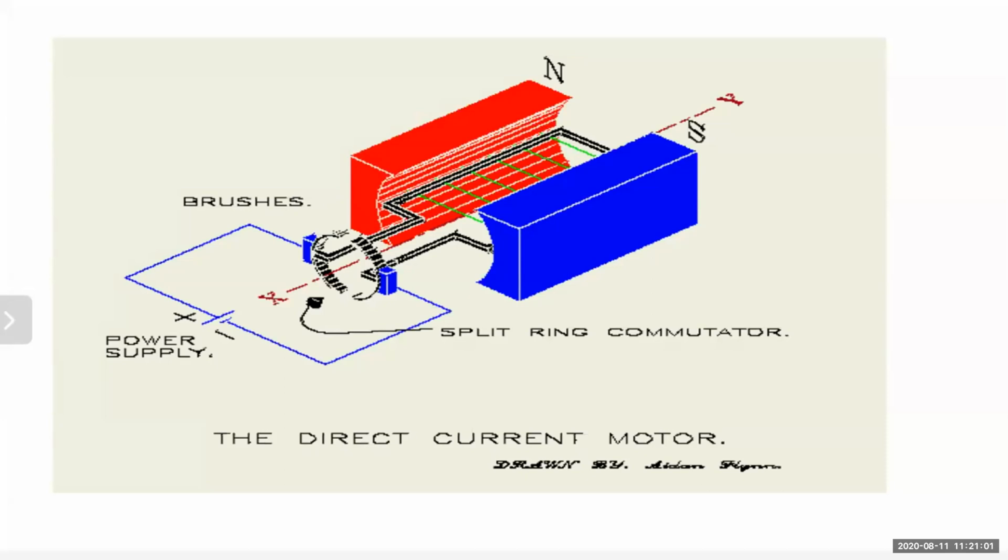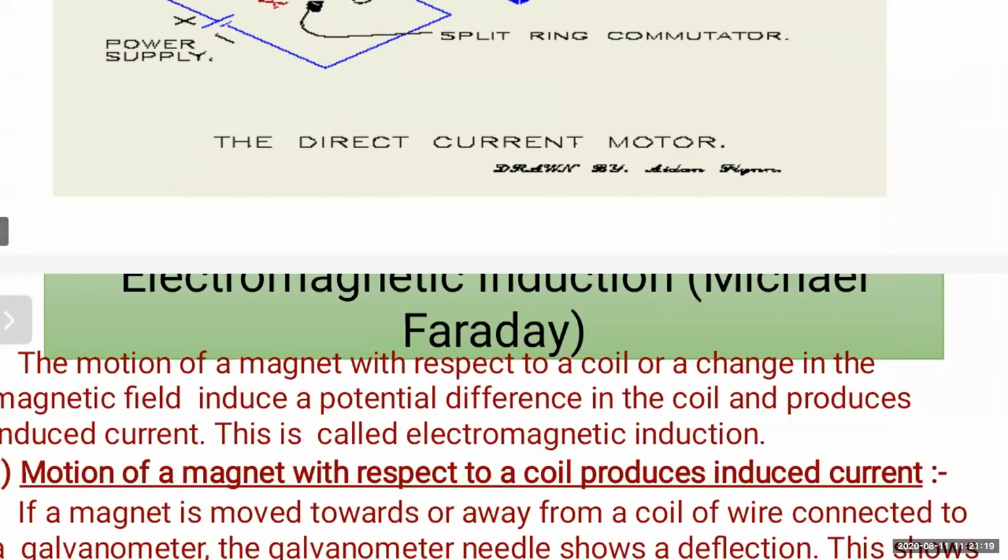Thus the current in the loop is reversed at each half rotation, and the loop and the axle continue to rotate in the anti-clockwise direction. First, look at this diagram.